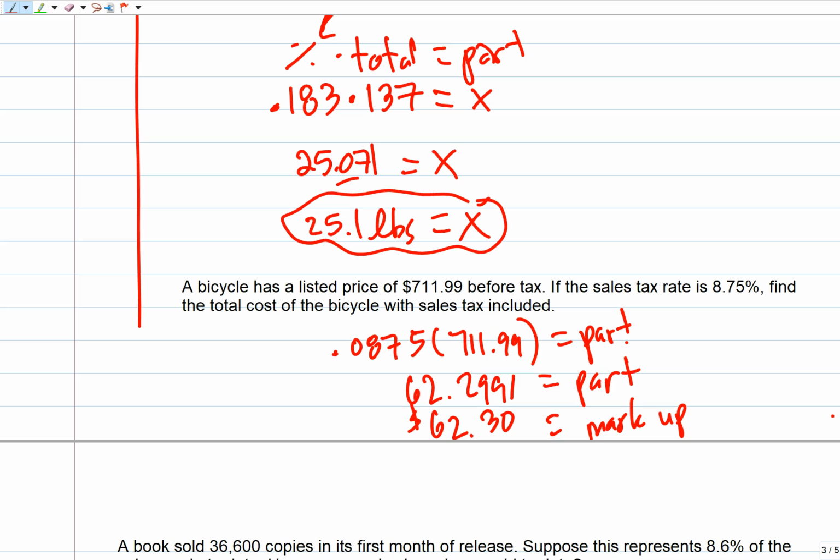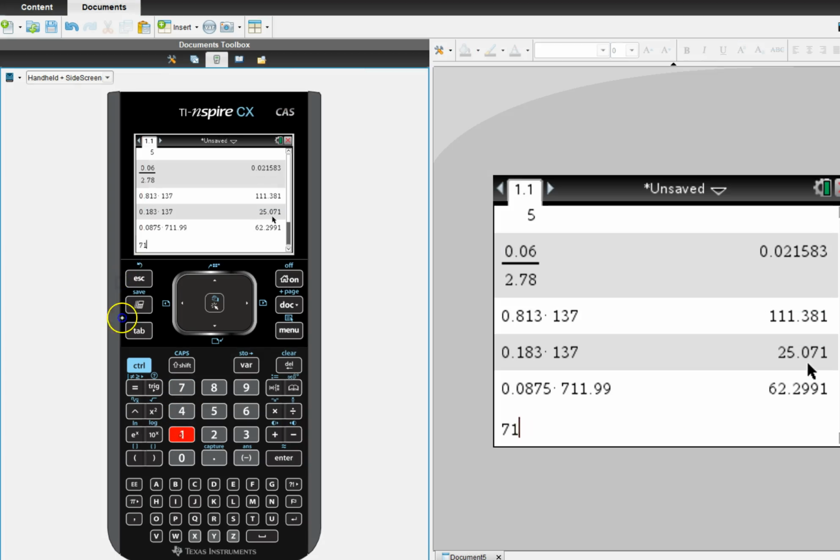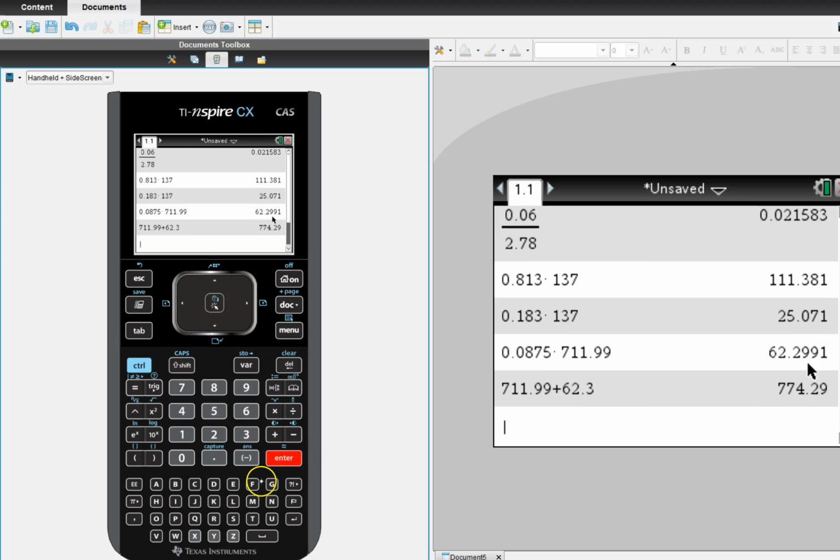So how do I get the total cost? $711.99 plus the tax, $62.30. We're looking at $774.29.